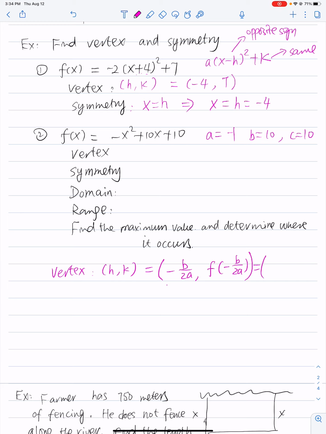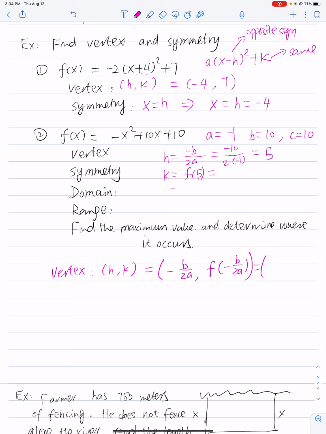h is negative b over 2a, so it's negative 10 over 2 times negative 1, which is 5. And what will be k? It is f of 5. What does this mean?